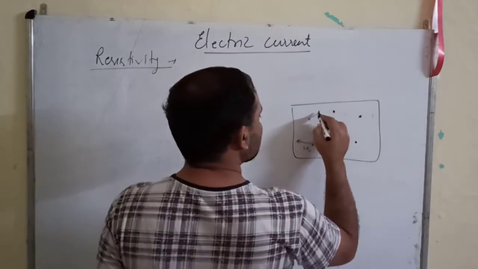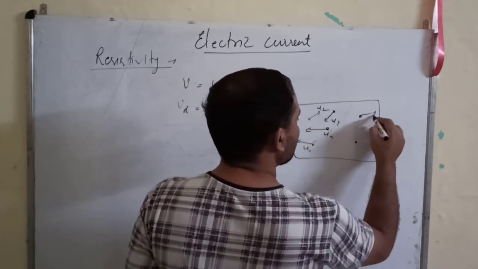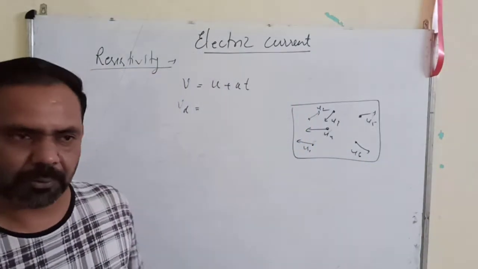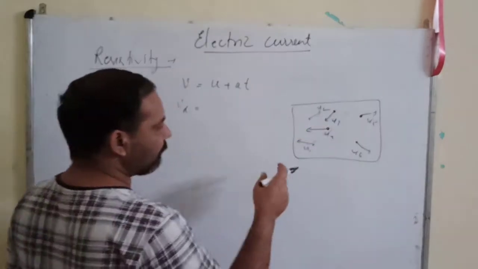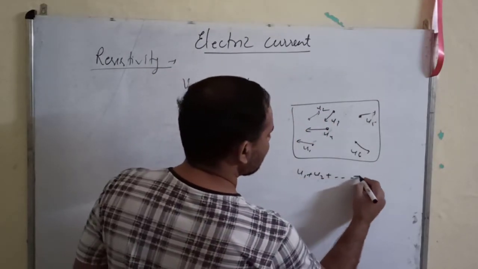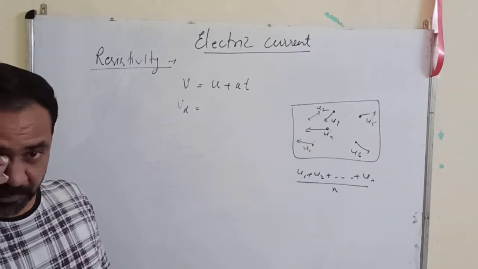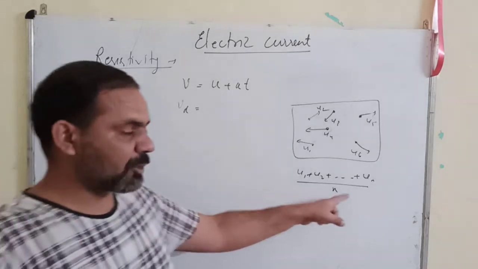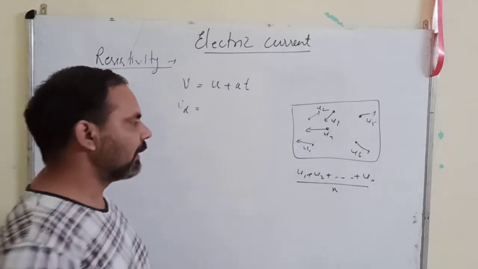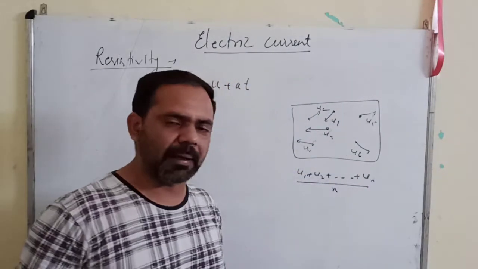So U1, U2, U3, U4, U5, and U6, suppose we have like this. What will be the average of the initial velocities? It will be U1 plus U2 plus up to UN, upon N. This will be the average initial velocity due to the random motion. Now the thing here is how many electrons we have in a conductor.